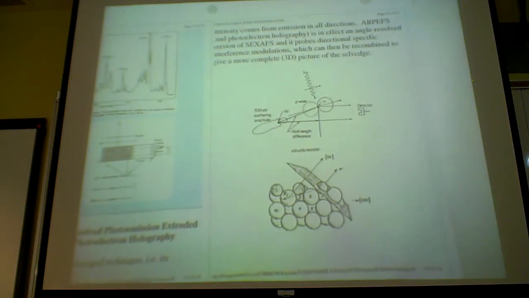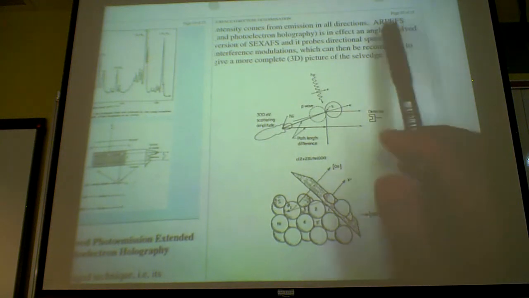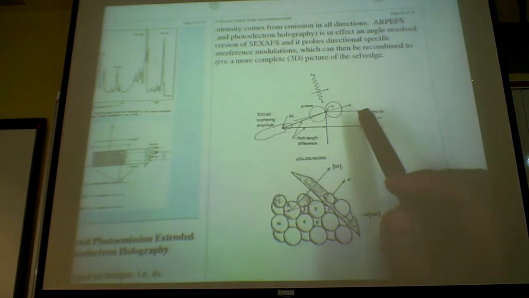You measure the emission from all directions. In the case of ARPEFS, angle resolved photoelectron fine structure, you select the direction. So you measure the angular distribution of that emission instead of averaging all the time.